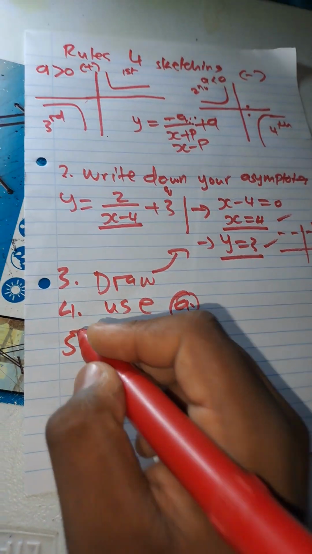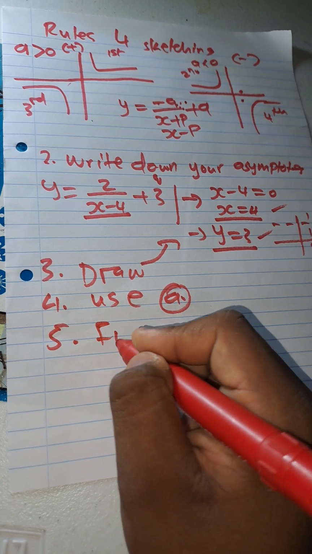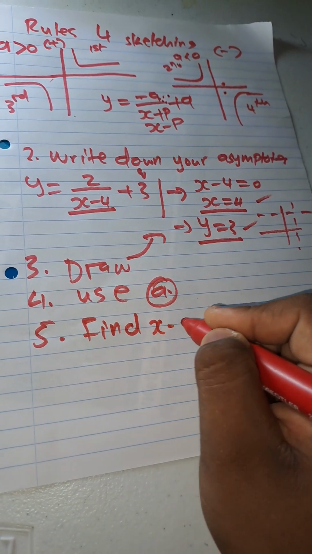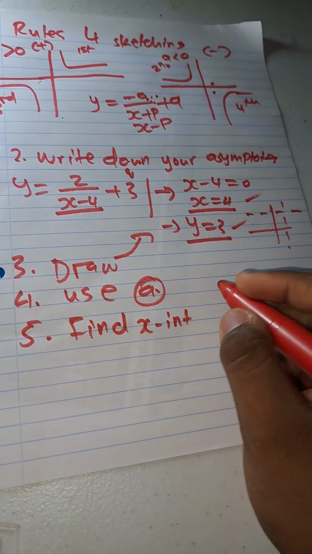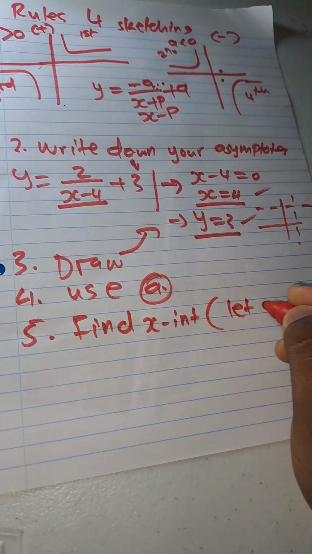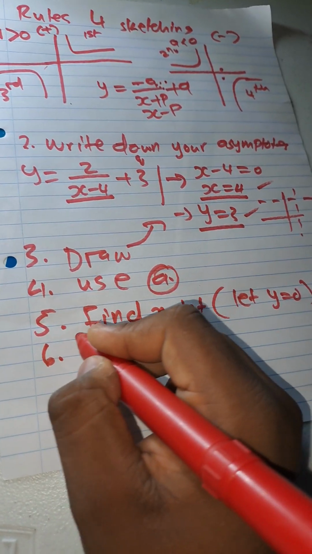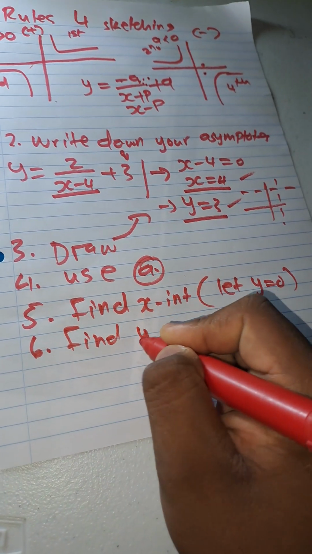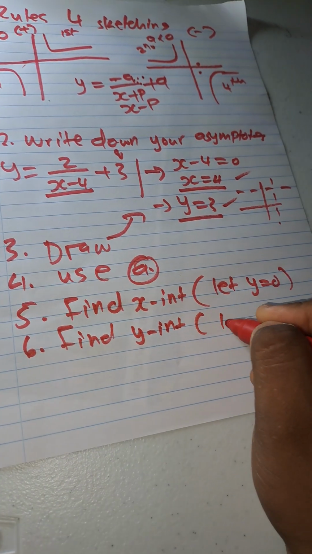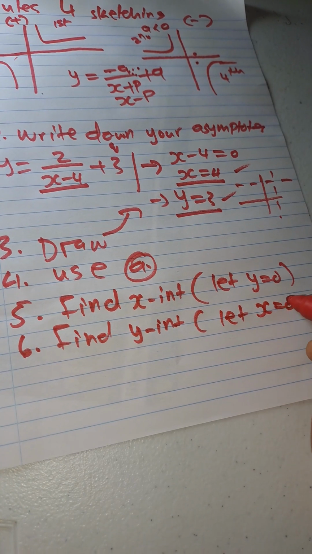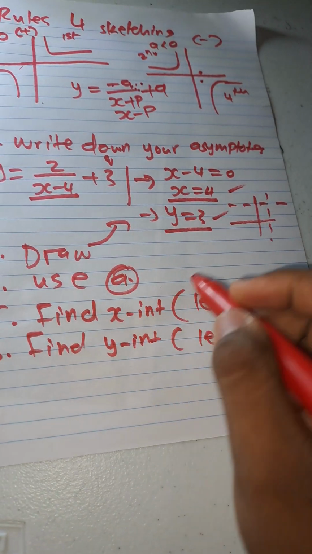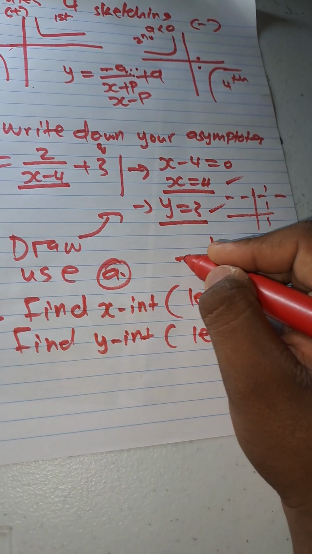Number 5, find your x-intercept. You must know that for the x-intercept, you let y is equal to 0. And then number 6, you find the y-intercept, whereby you let x is equal to 0. Because check, the x-intercept is this line.